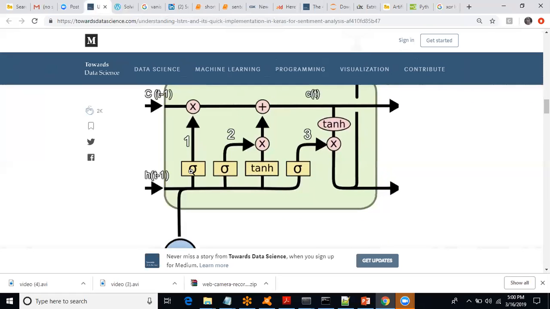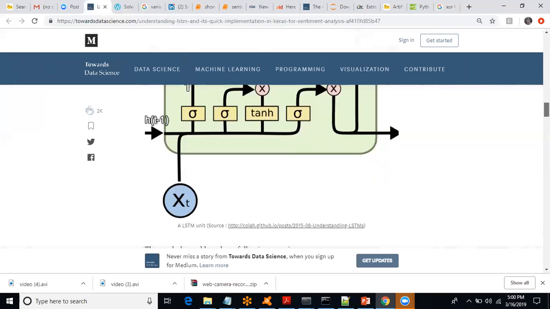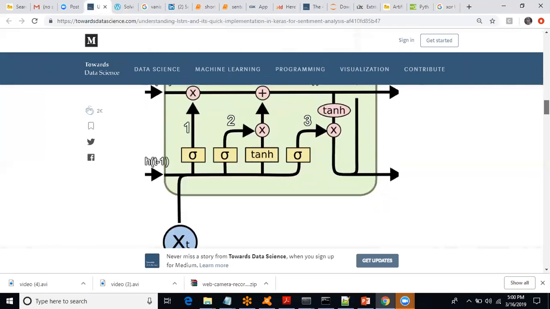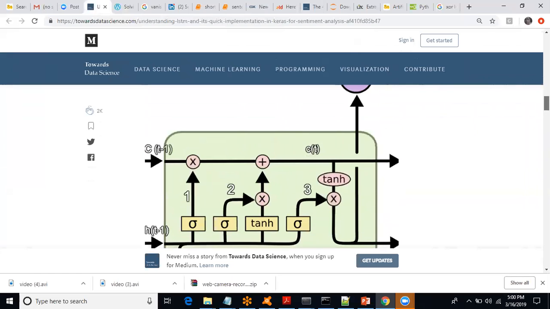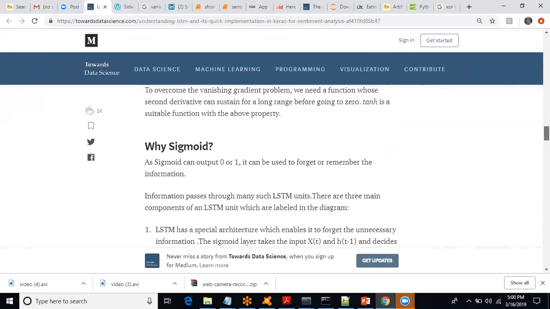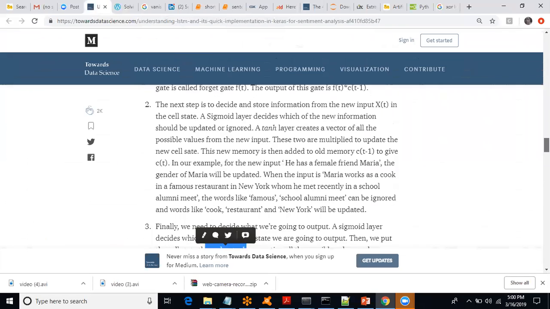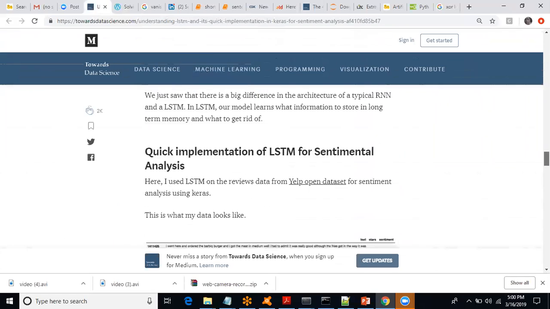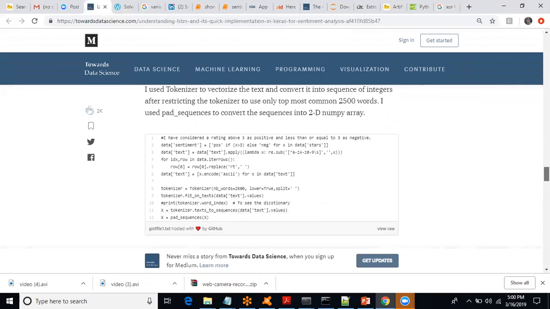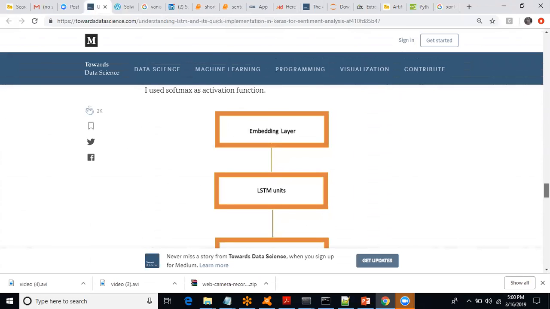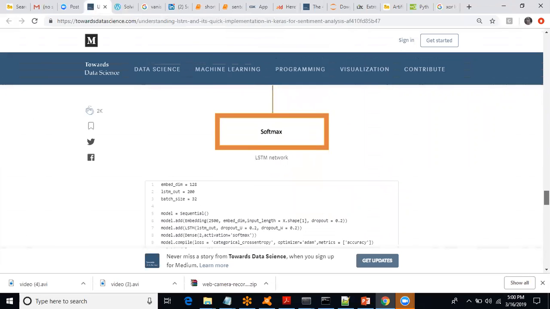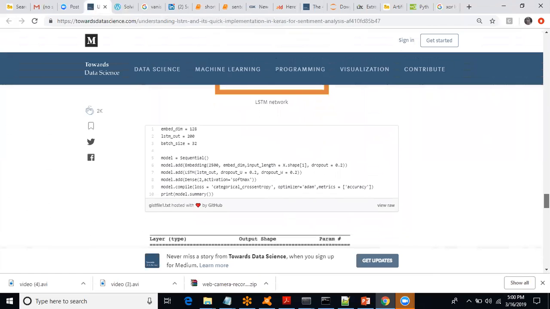I am will be ignored. Unnecessary information is removed by the sigmoid function. The tanh function will decide which should go into the output layer. Correct, that's the function of tanh. Yes, it is respective to this one. That's what I have noted. You're saying sigmoid function application, and again this one. Then what is the use of the softmax function?